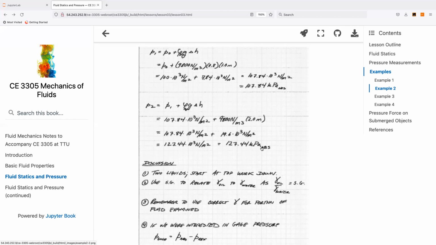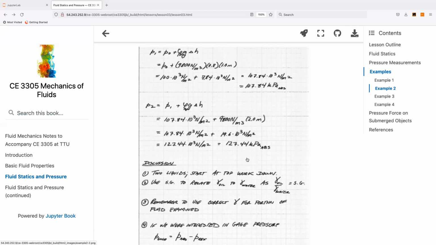Is that absolute? Yeah, it is absolute. If we were at the atmosphere and it was gauge pressure, we would have started with 0. That's an absolute pressure.